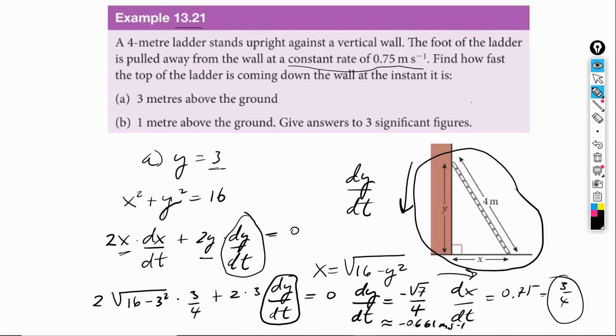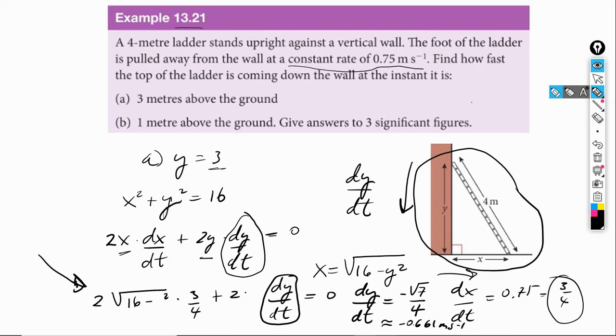For part B, they're asking us, how about when it's 1 meter above the ground? So it's much easier just to plug in 1 here than to repeat the whole process, right? So here we did it for y equals 3, but now we're going to substitute the 3 with 1, and we can find out what was the rate of change in the y direction when the top of the ladder was 1 meter above the ground.